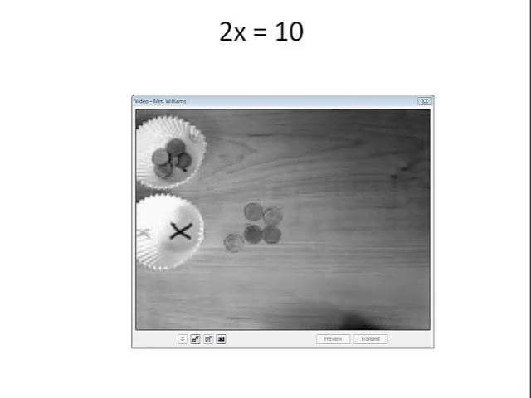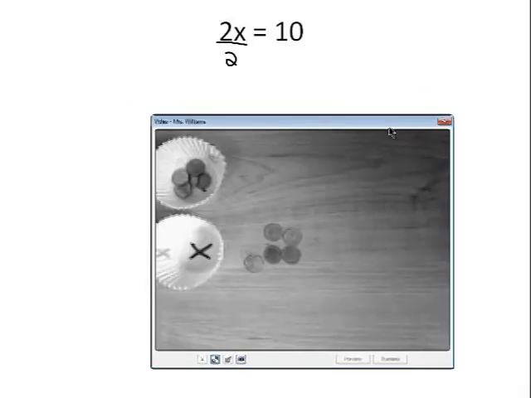But looking back at what we did, we actually took those pennies and we split them up into 2 X boxes. So what we really did is we took 2 X boxes and we divided those by 2.